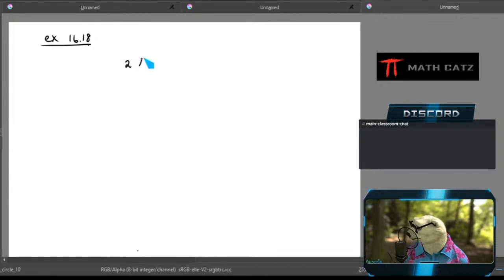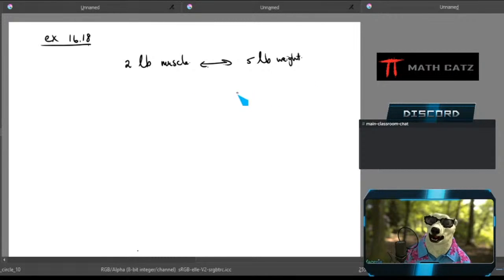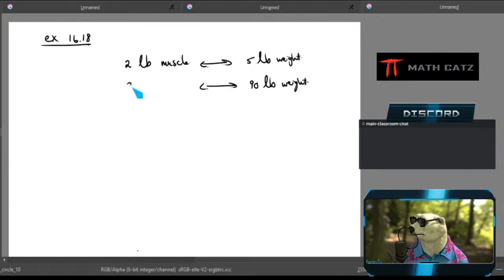I have my reference pair, 2 pounds of muscle. Now I kind of have to write, because they're both pounds, I want to know which one is referring to which. 2 pounds muscle, 5 pounds, let's just say body weight here. My reference pair. I want to know for a 90-pound person, so that means the weight of the person is 90 pounds, what amount of muscle corresponds to that, and I'm of course going to have it in pounds as well.